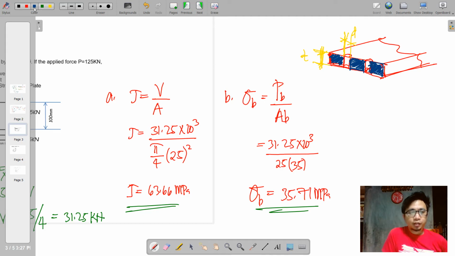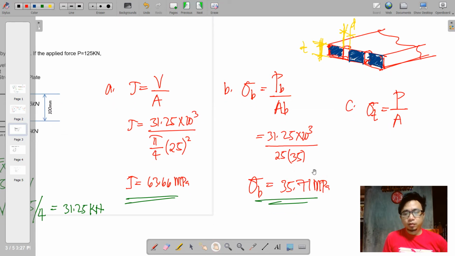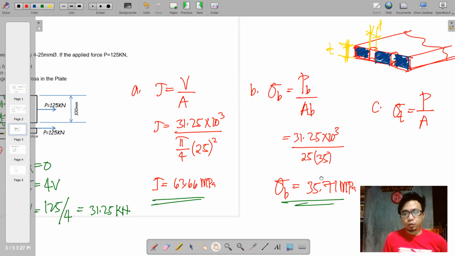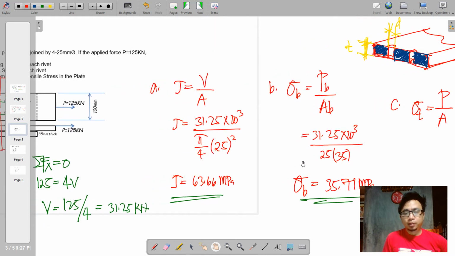So letter C, we just have to apply this. Tensile stress is equal to P all over A. Okay, so what will be our P here? So it is no longer 31.25 because this time the force is on the plate.